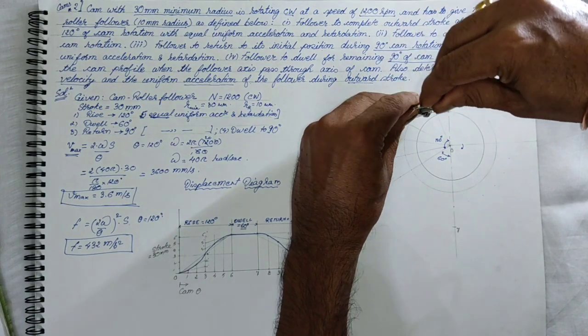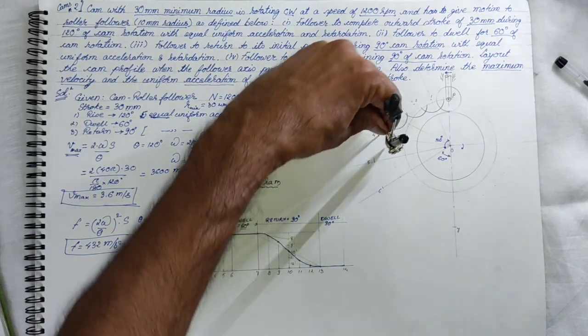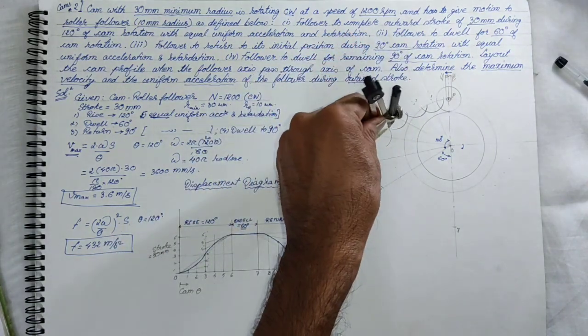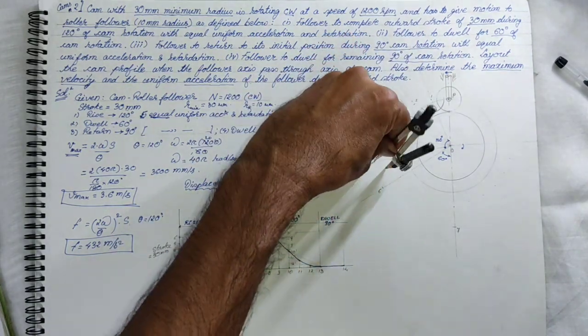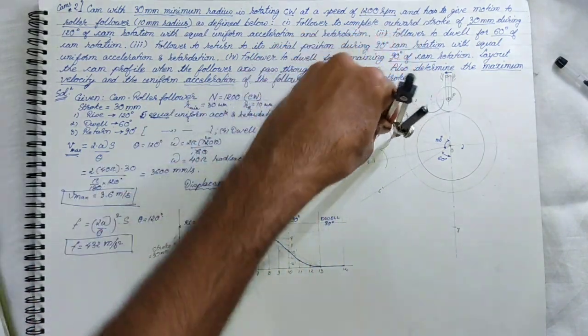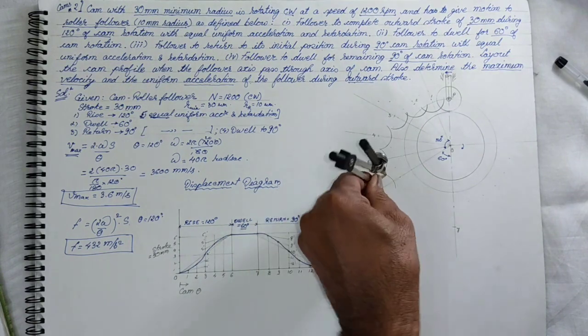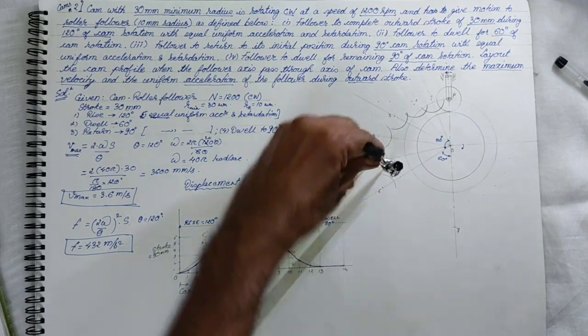So we don't draw the entire roller, we just draw it partially so that we can easily make out a common tangent of these two curves, right? And finally as if this one.